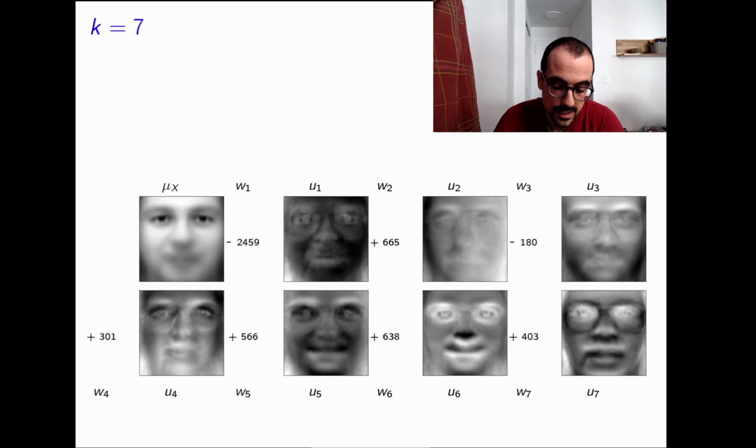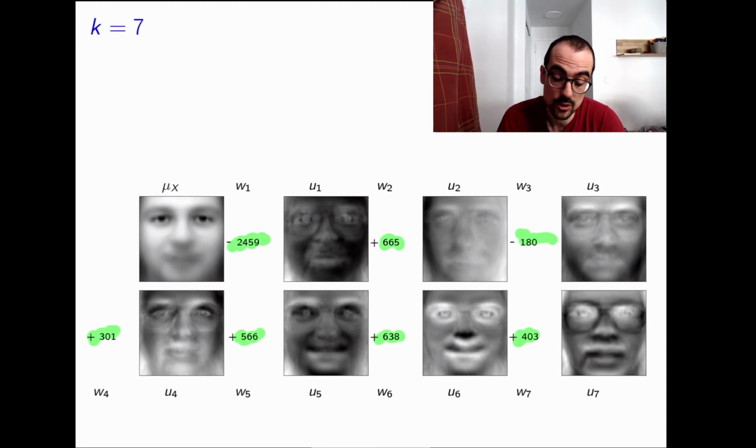This is the mean, and now we always have the same basis vectors, and they are multiplied by the corresponding principal components. And these 7 numbers are the ones that we would actually use to represent this particular phase.